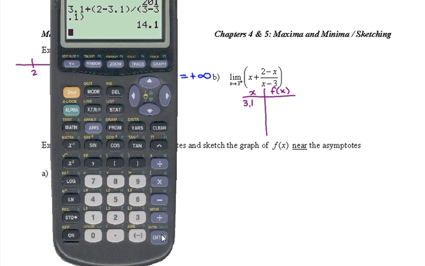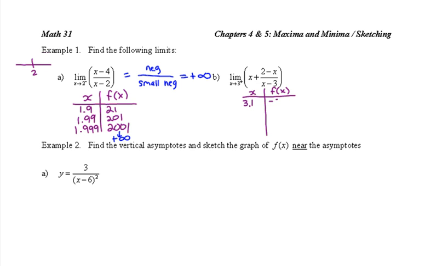Okay, 14.1. Oh, yeah, thank you. There we go. Is that better? Did you get negative 7.9? Thank you. That means that this is correct.